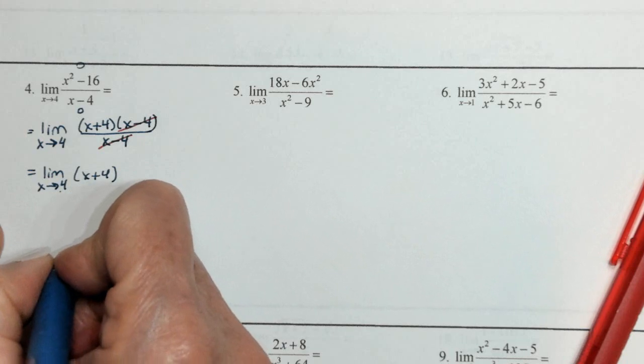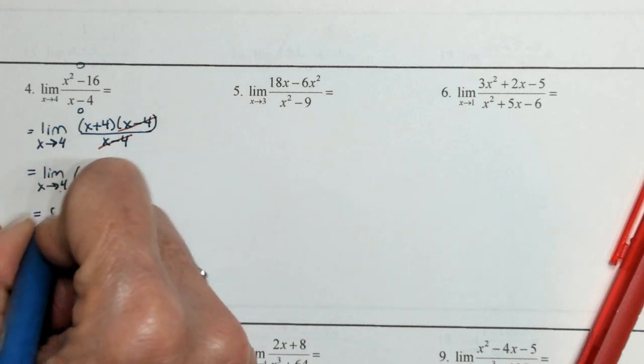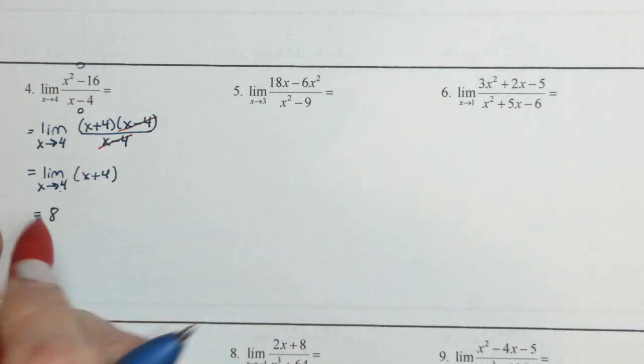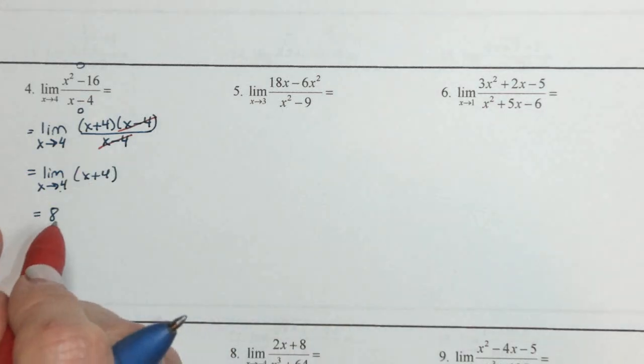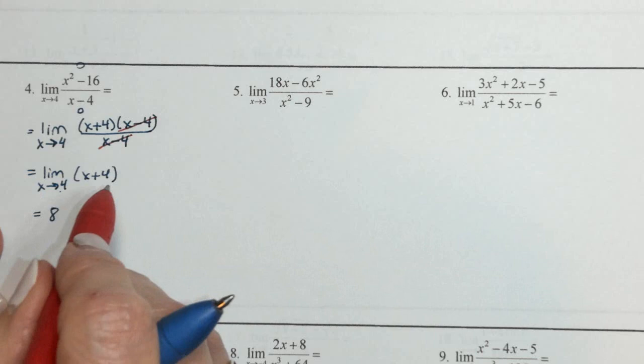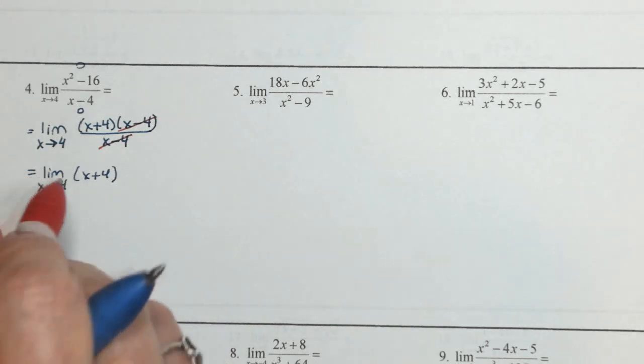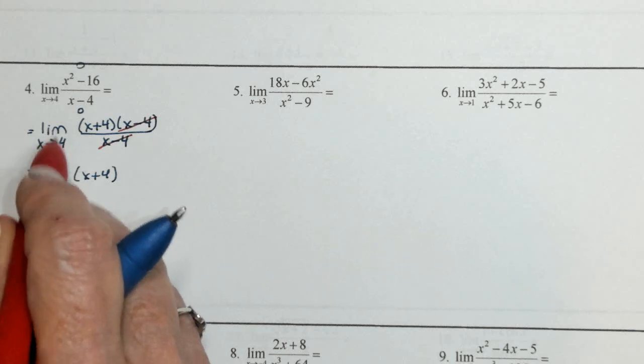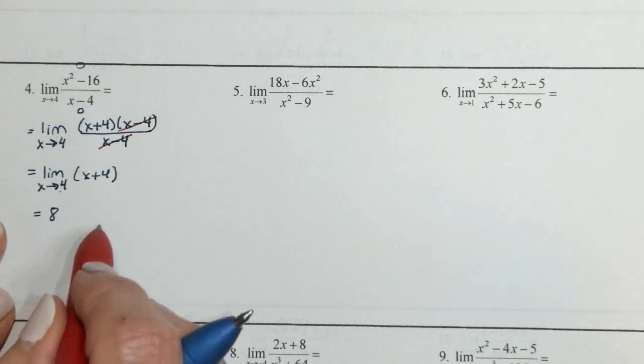Put 4 into x now, and we get 8. So this work that I showed, until you are able to plug in that 4 and not get a 0 on the bottom, you have got to keep writing limit. Okay? Not optional. We have to keep writing it until you go ahead and plug it in.